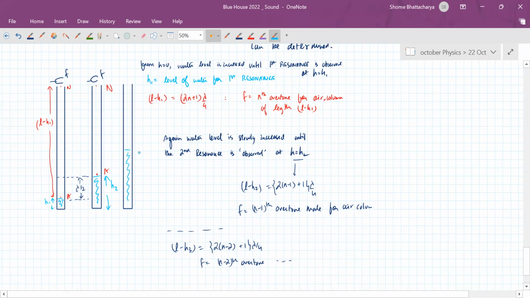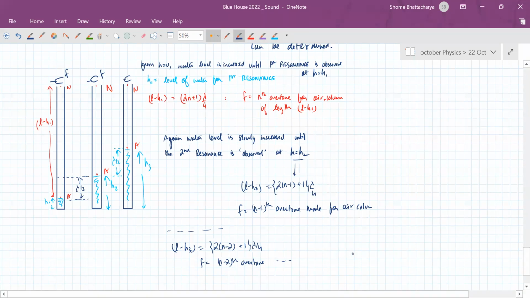The next one will occur at H3, such that again this point has to be an antinode and this point has to be a node for the corresponding frequency of the tuning fork. So again, this is lambda by 2.